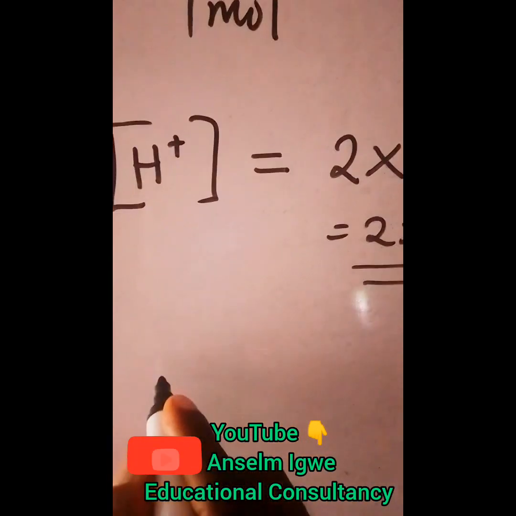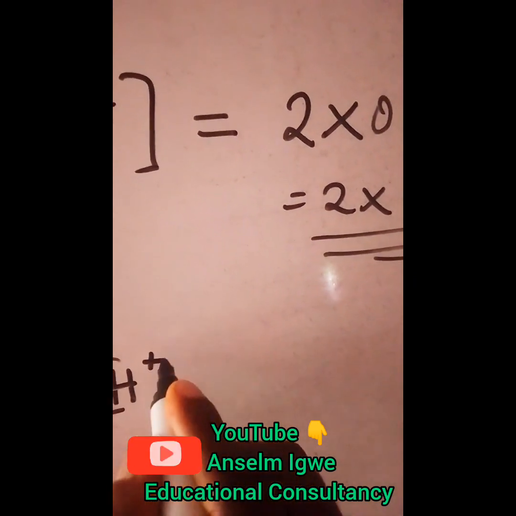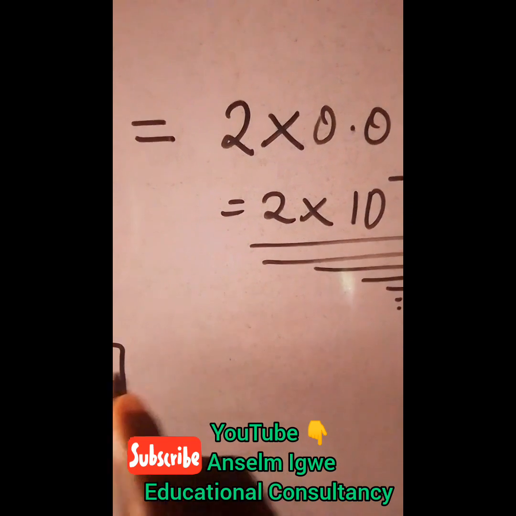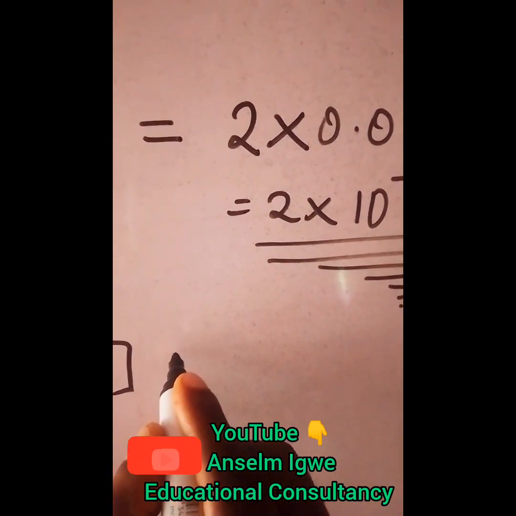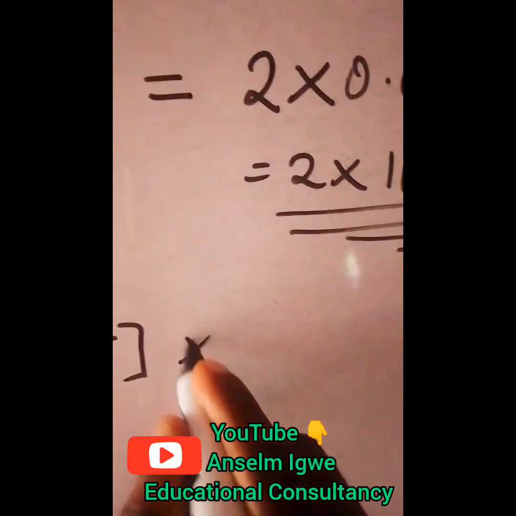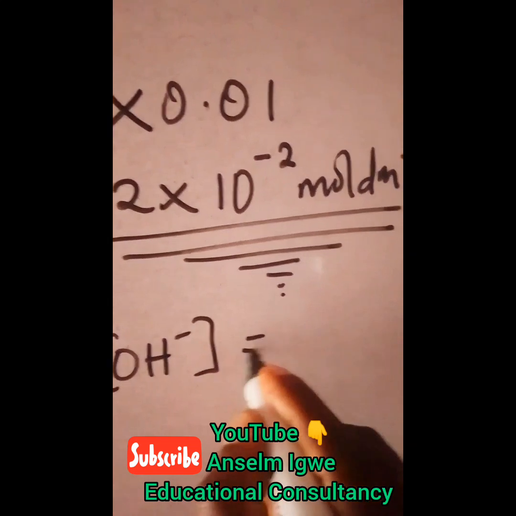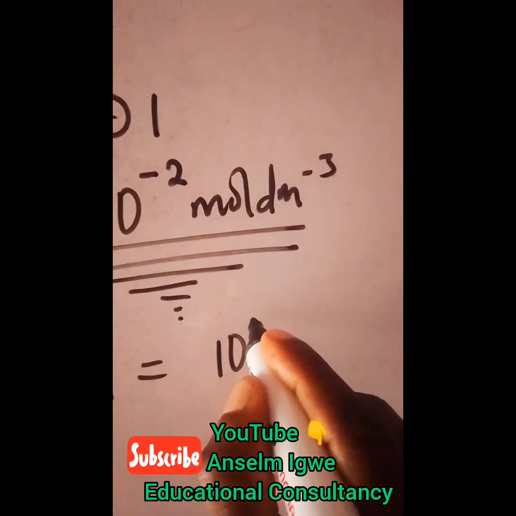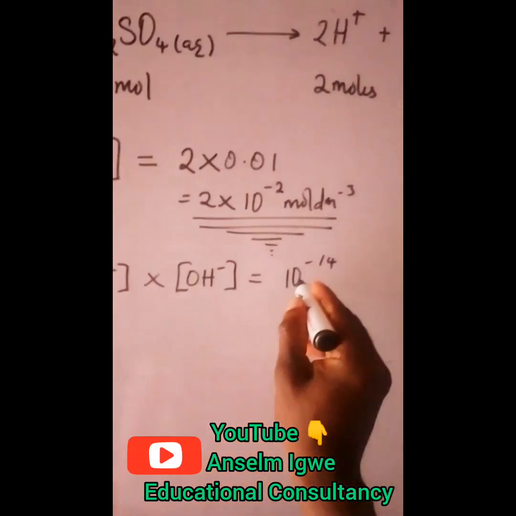Now, concentration of the hydroxide ion is gotten from this equation. Concentration of hydrogen times concentration of hydroxide ion equals 10 raised to power minus 14. So this is the constant.